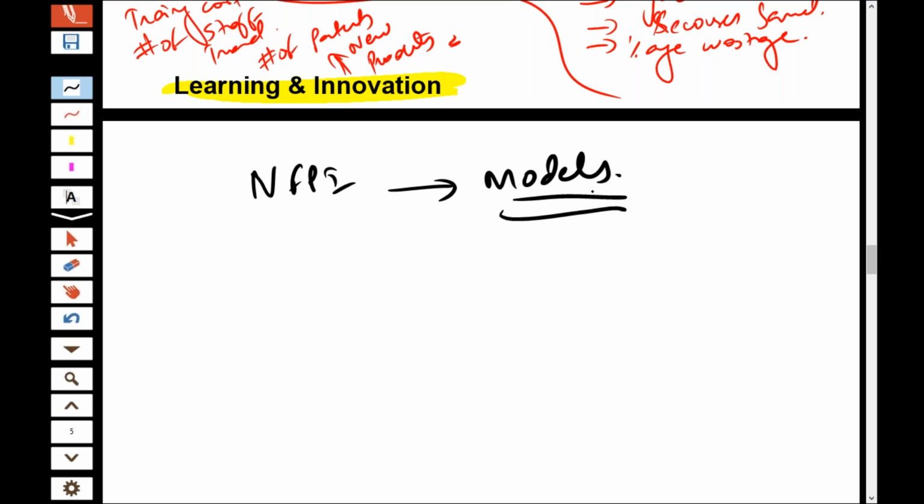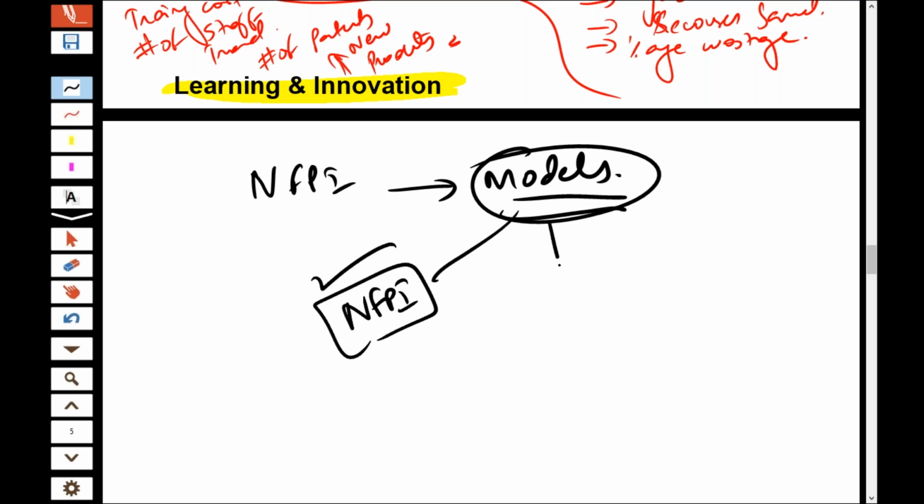The good thing about these models is that they don't only cover the non-financial performance indicators, but they also cover the financial performance indicators.